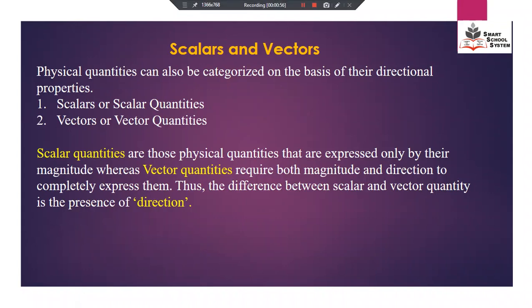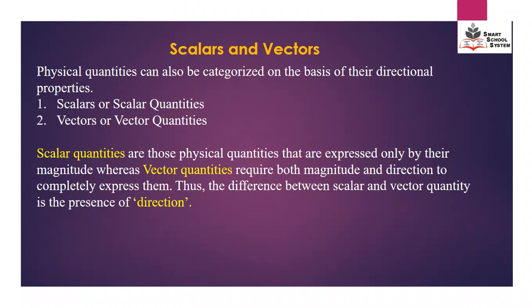Scalars and vectors. Physical quantities can also be categorized on the basis of their directional properties. The first is scalars or scalar quantities, and the second is vectors or vector quantities.